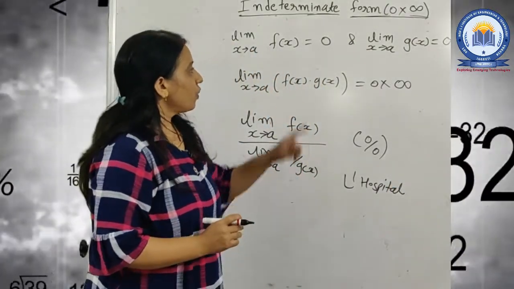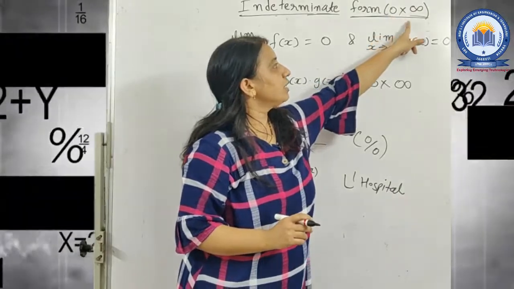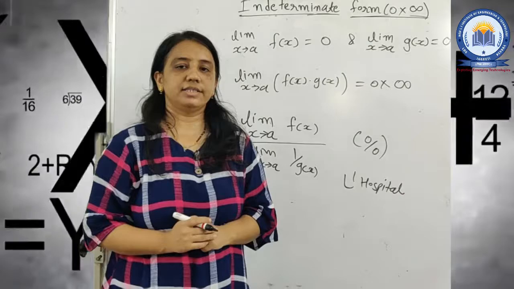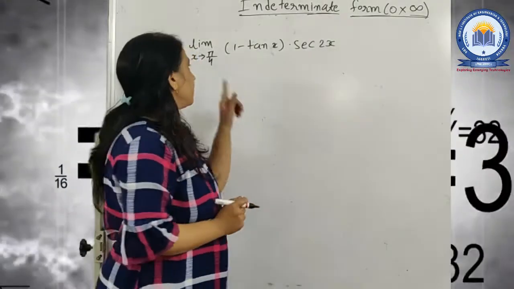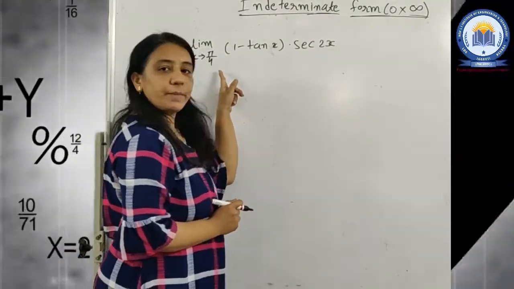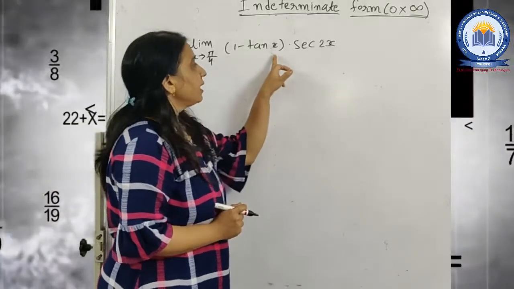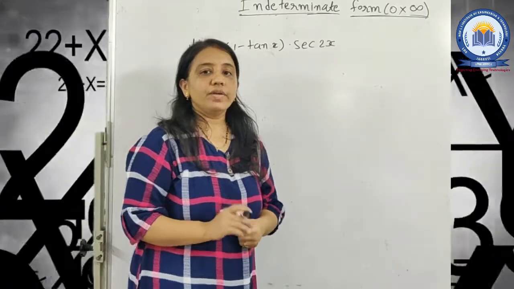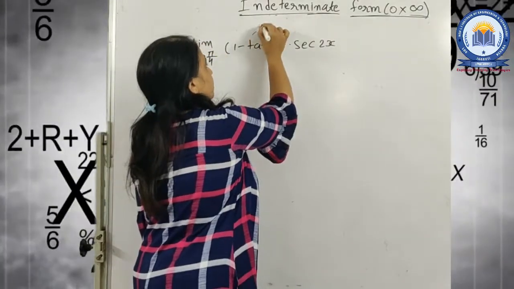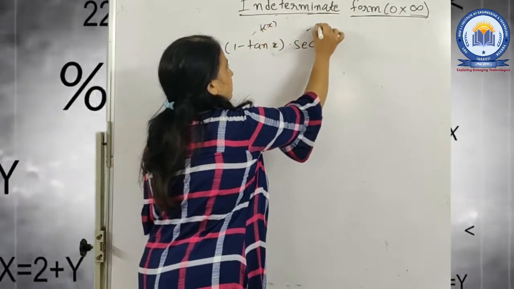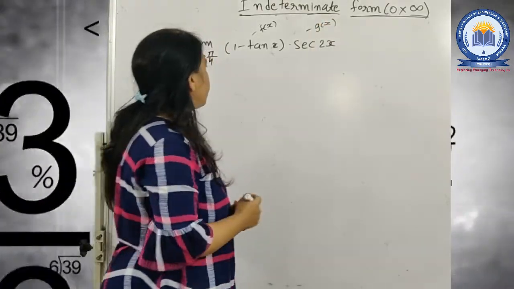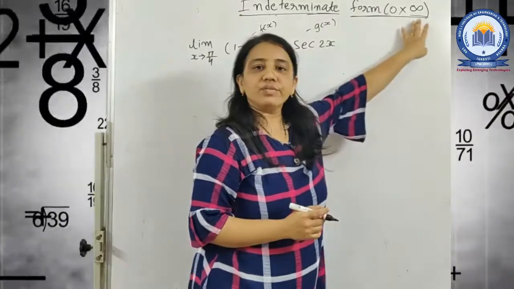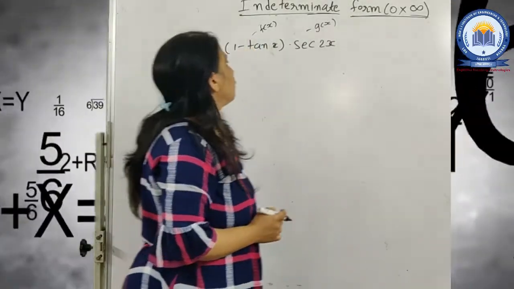Now for this form 0 into infinity, we will see one example. Example: limit x tends to pi by 4, (1 minus tan x) into sec 2x. So we can consider this as our f(x), this is our g(x), right? So it will give you which form? 0 into infinity form. So what we'll do?